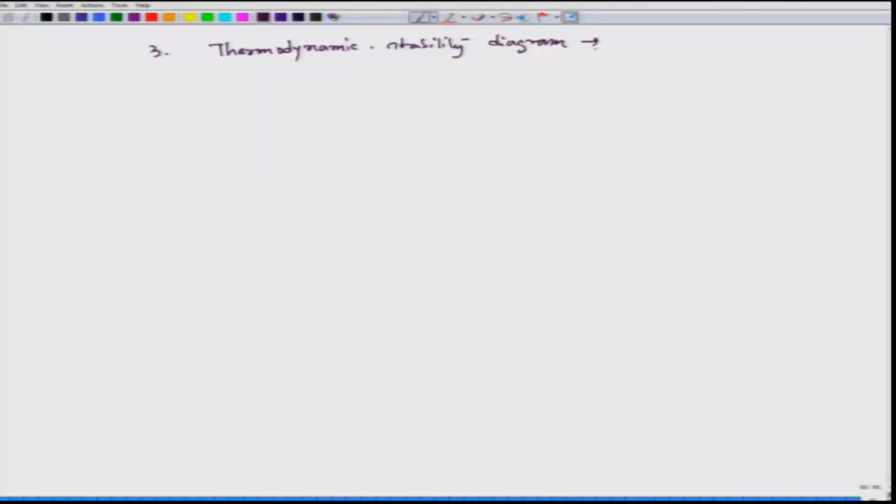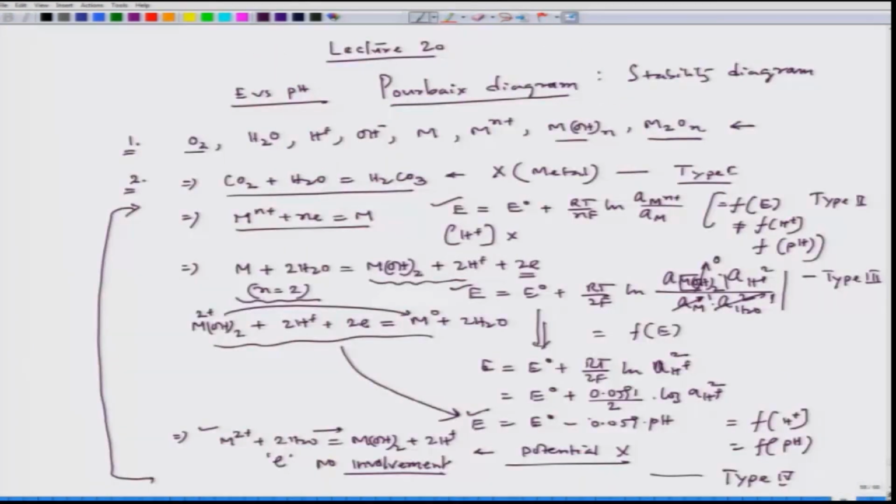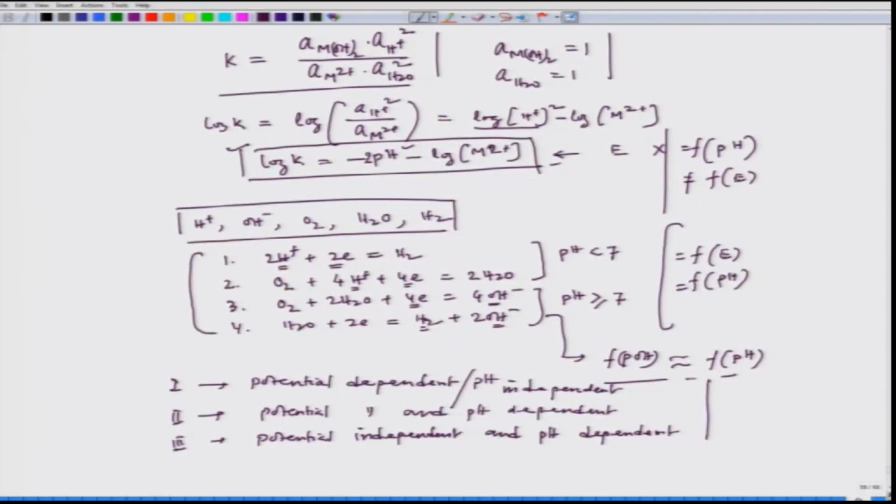Why? In order to find the Pourbaix diagram, we have to find out those equations, the equations like what we have shown. So, this equation or this one or this one, and then finally of course this equation and the equations related to all four reactions involving hydrogen ion, oxygen, water, hydroxide and hydrogen.